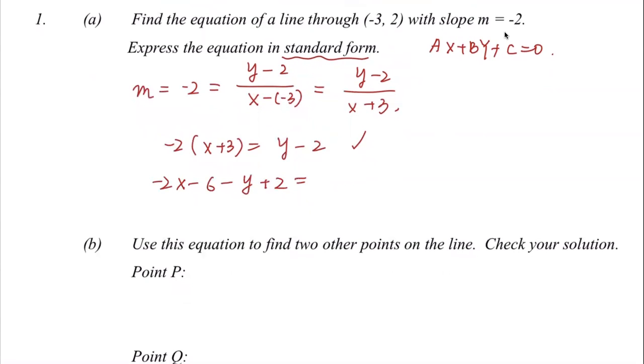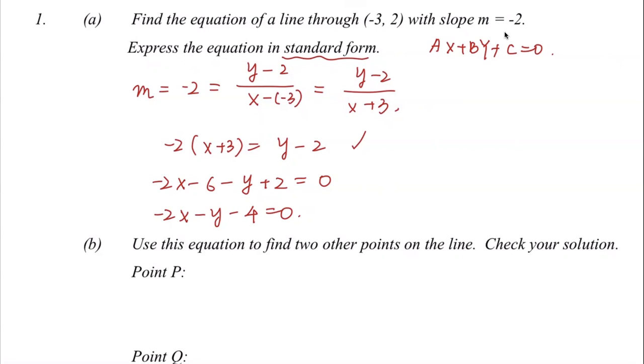And the other side of the equation now is 0, right? And now we combine the like terms, and that will be -2x minus y minus 4, which is equal to 0. So technically, at this point, we're done.